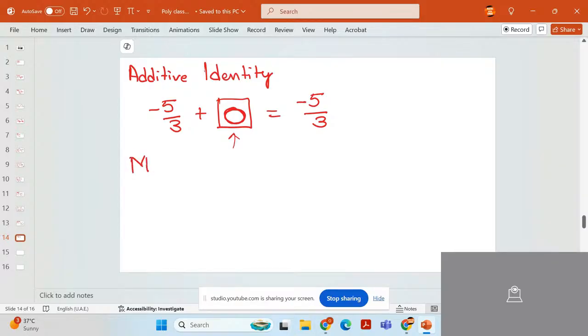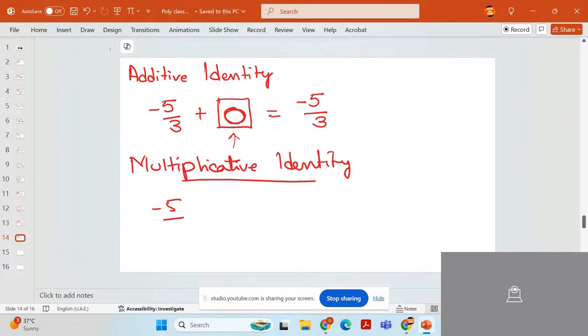Now, what is multiplicative identity? For example, minus 5 by 3 multiplied by what number will give you the same given number, minus 5 by 3? What is that number?